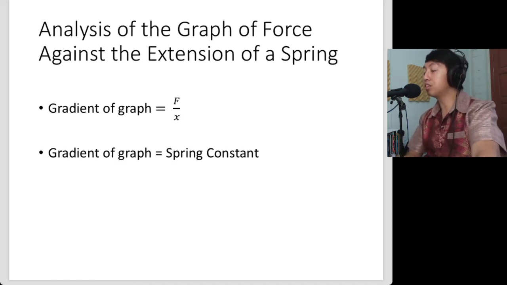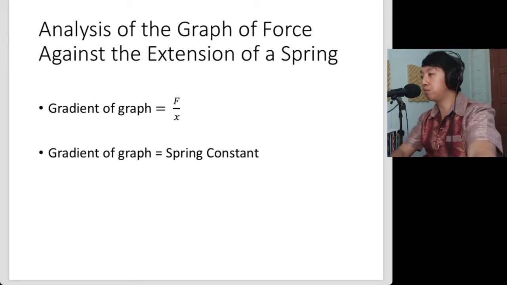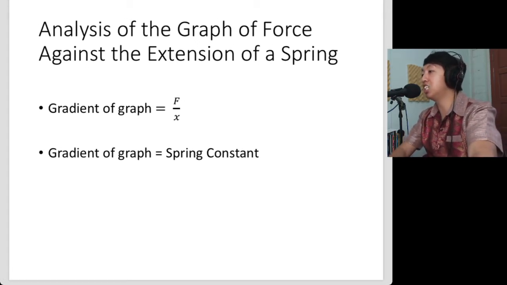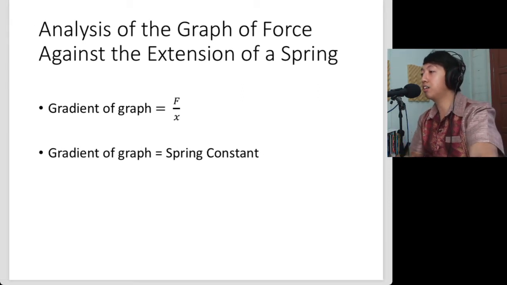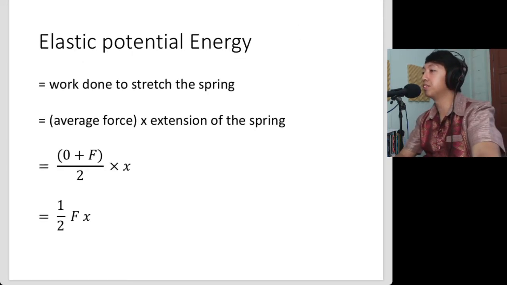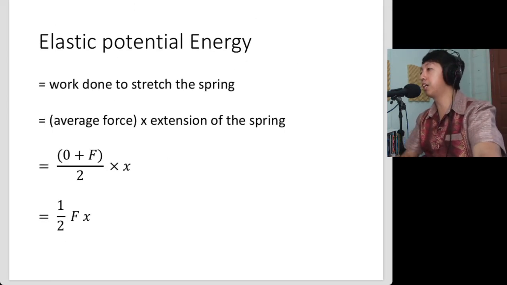And if we calculate the gradient of a graph, we would use the same formula, force divided by the extension. So the gradient of a graph will be equal to the spring constant. So yeah, we'll do some examples later.